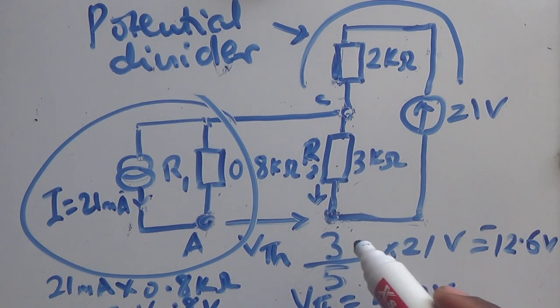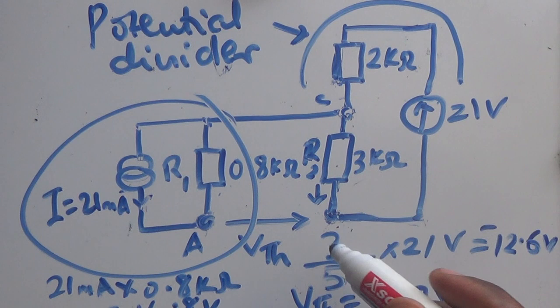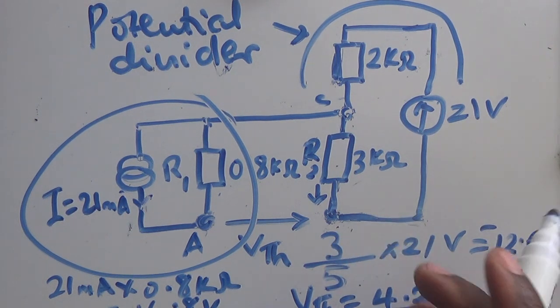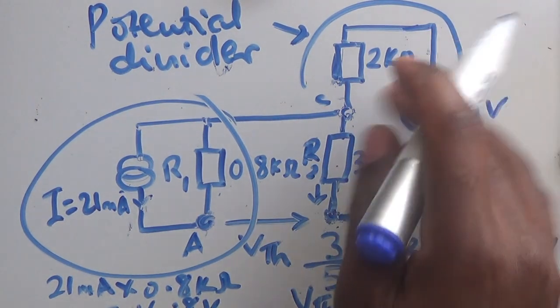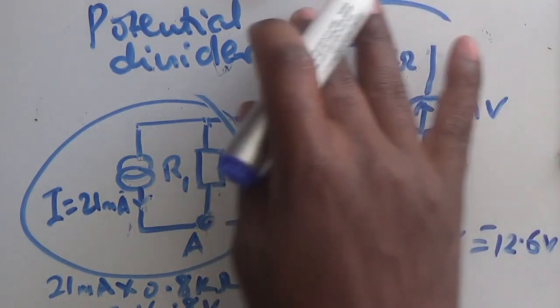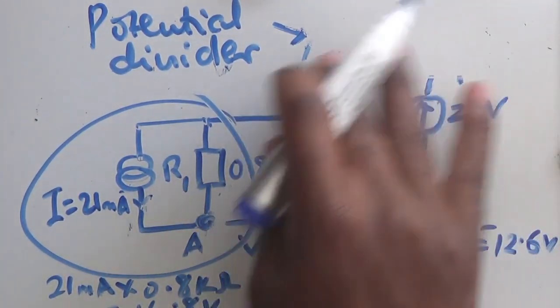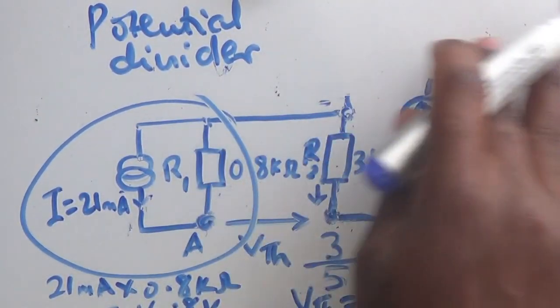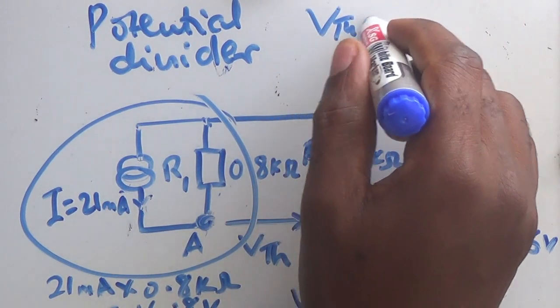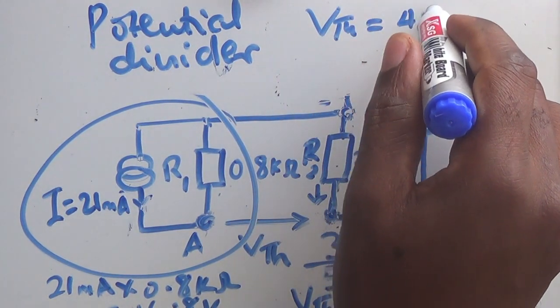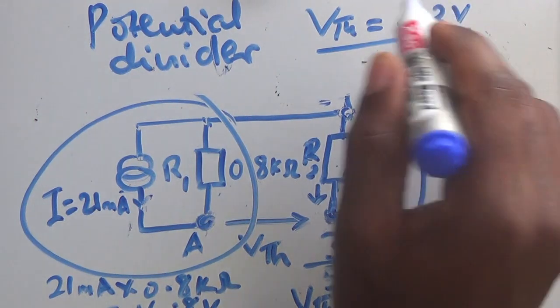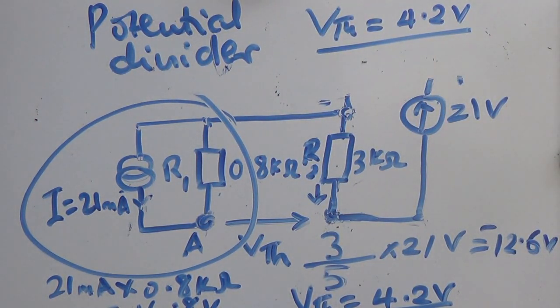So eventually the circuit that we need, which will require this VTH, we have now the VTH equaling 4.2 volts. Now let's find out the RTH.